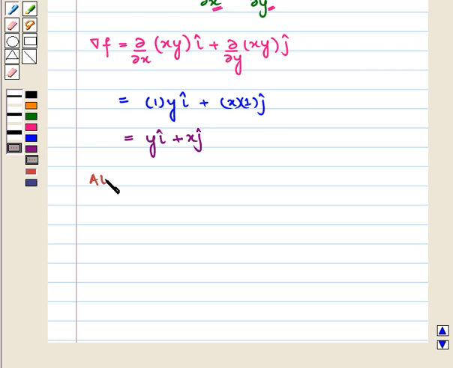Now at the point 1, 2, gradient of f is equal to 2 i cap plus 1 j cap, which is equal to 2 i cap plus j cap.